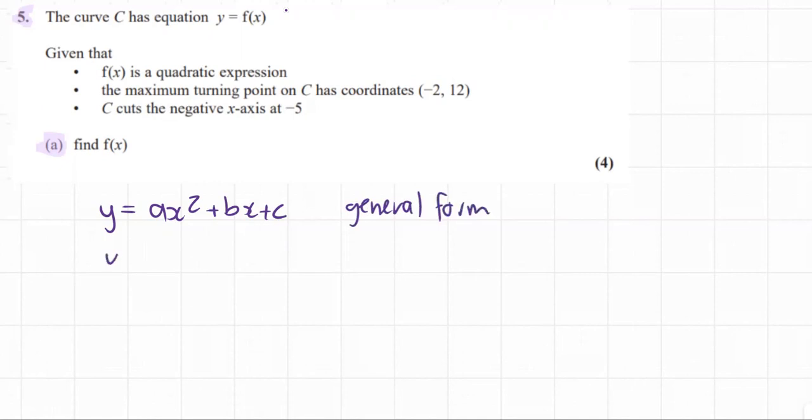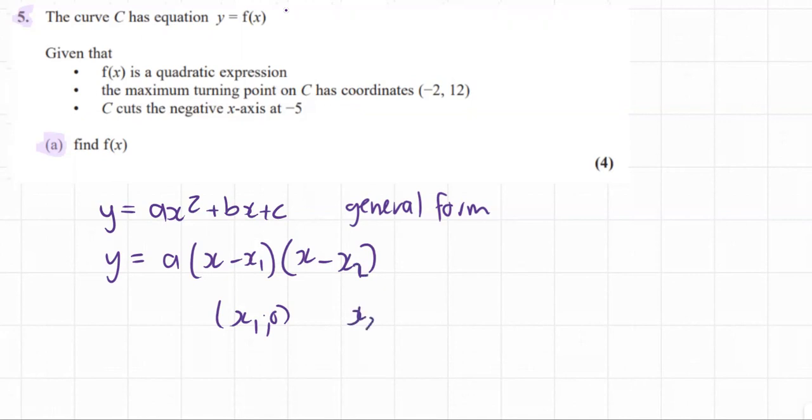We could have x-intercept form, which is y equals a(x minus x1)(x minus x2), where the x-intercepts are (x1, 0) and (x2, 0), so where y is 0. And of course x and y are the usual, for subbing in a point that's on that function.